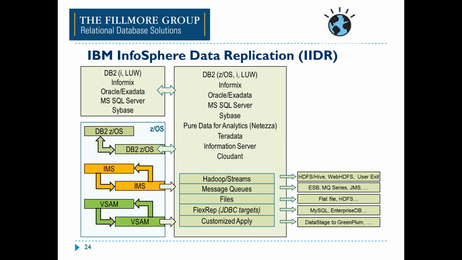IIDR is primarily a log-based capture that allows me to copy data from something like DB2 for z/OS in the recovery log, and then vend that data to a variety of different targets.